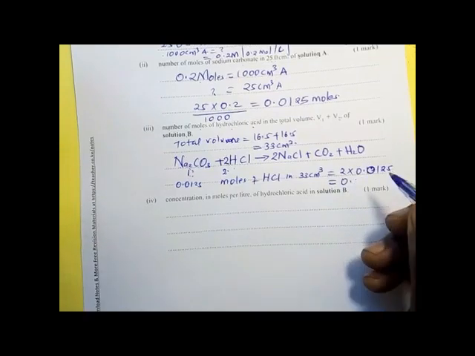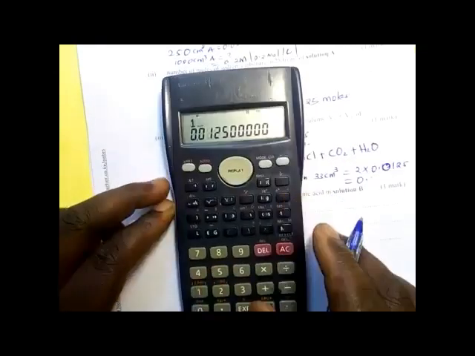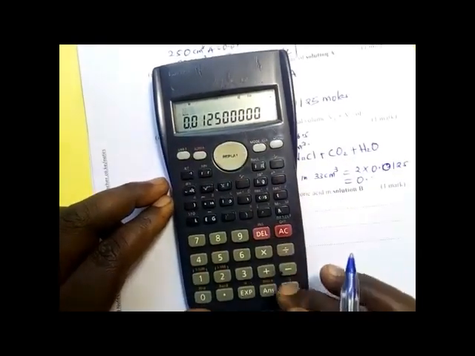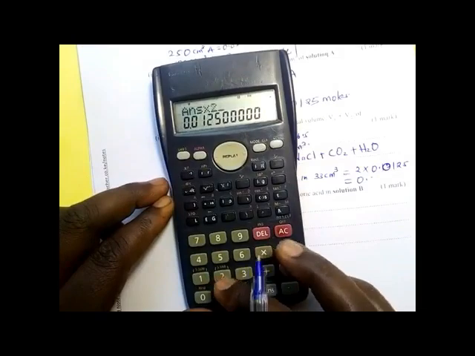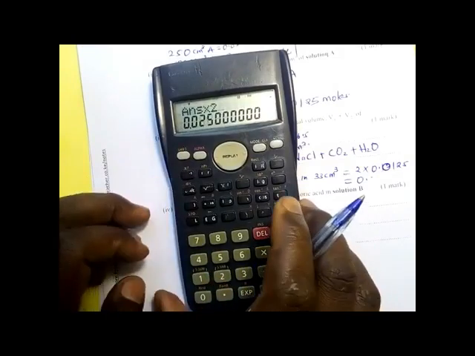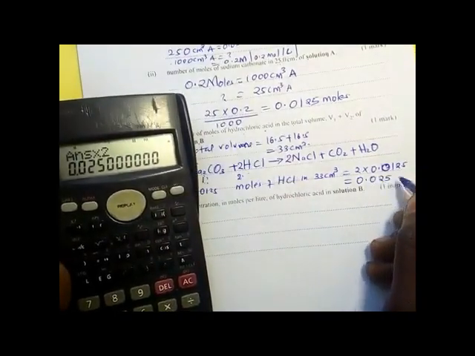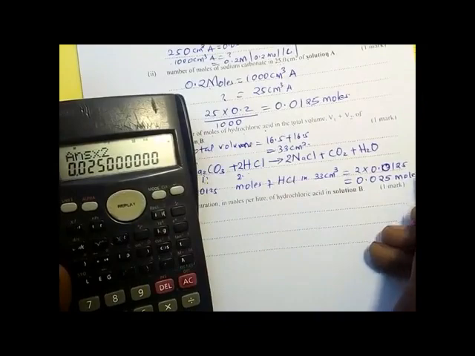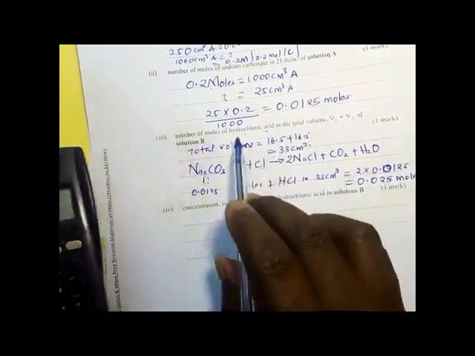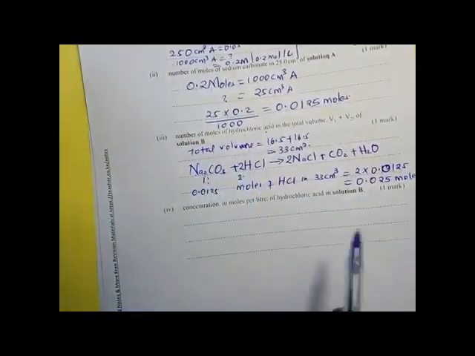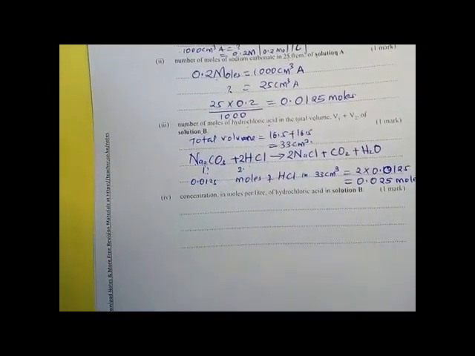Let us use the calculator kindly. Answer times 2, which is equal to 0.025 moles. So this is the number of moles of HCl in 33 centimeters cube that we also used.